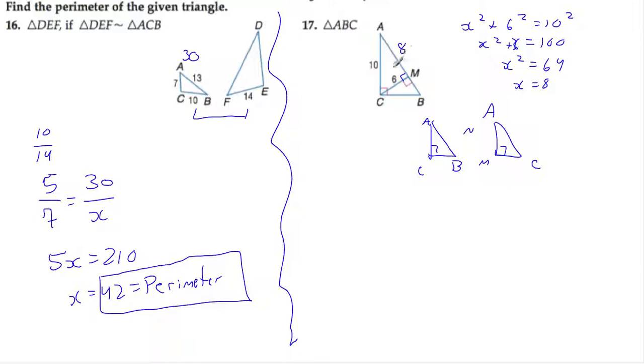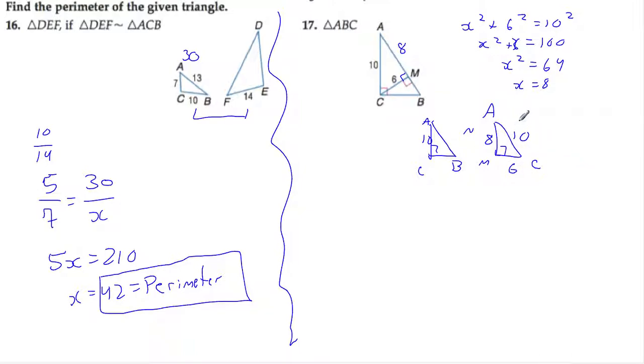And so if we know that AM is 8, AC is 10, and MC is 6, we can see that we have AC to be 10. So we have, again, this nice similarity statement, and we have this nice proportion.